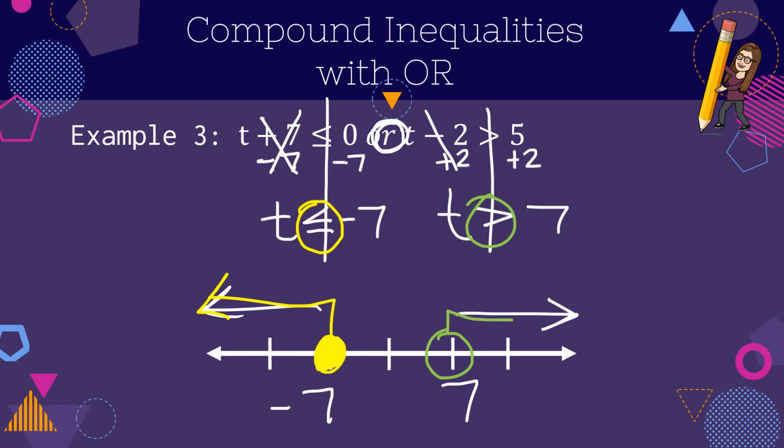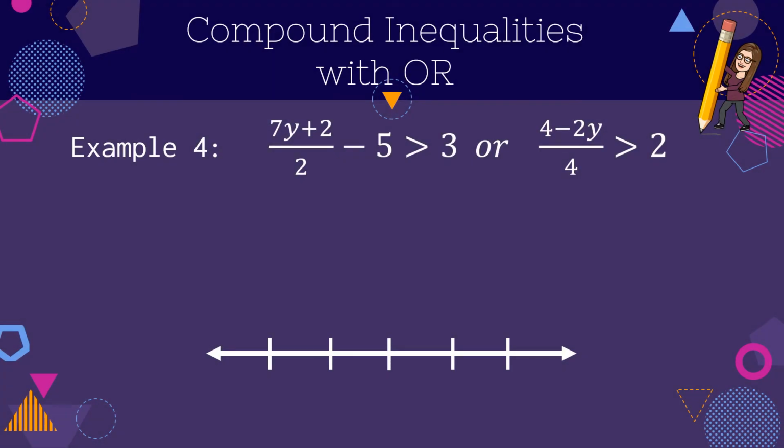That's an open circle, and it says greater, so we're going right. So when you think of these OR inequalities, just think, it's two separate problems. One goes left, one goes right. If one doesn't go left and one doesn't go right, something's wrong. Okay, all the ORs will go left and right.